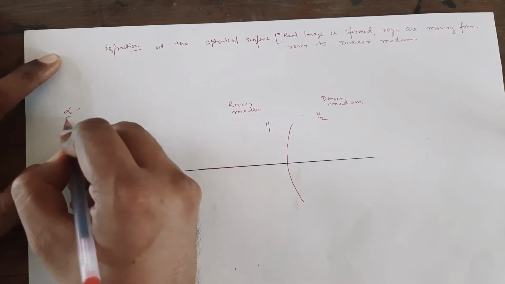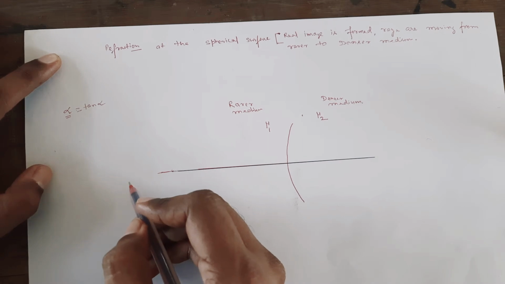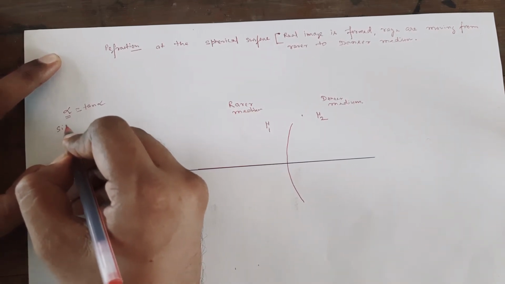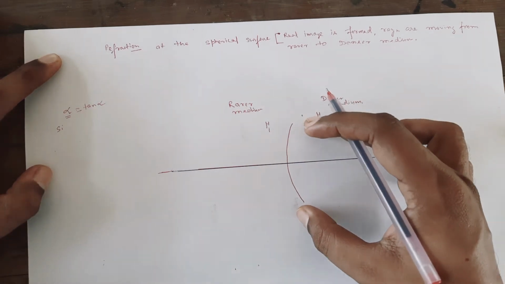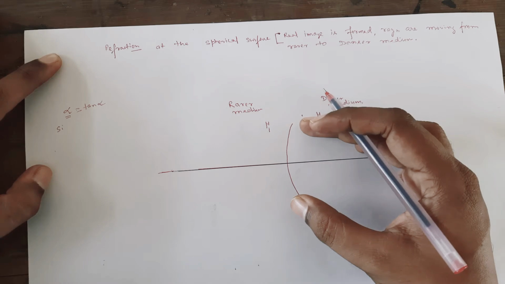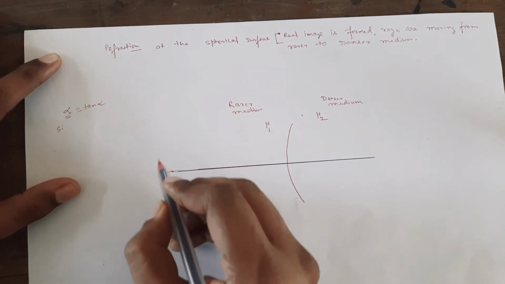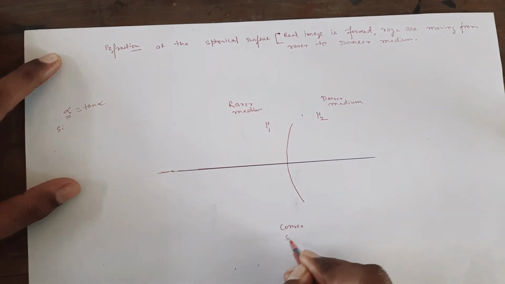Okay, and in that case alpha can be written as tan alpha if alpha is very small. Similarly, i and r will also be very small because the aperture of this, that is the diameter of this spherical surface, is very small.